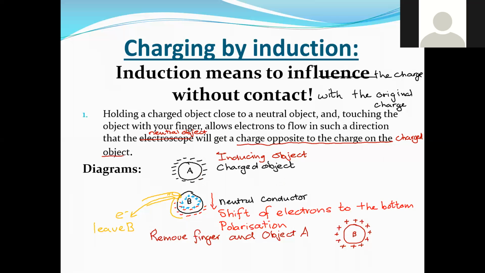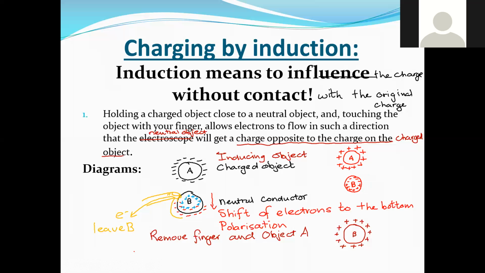If I use a positive object A, and I bring it next to a neutral object, then the electrons will be pulled to the top of the object. So you'll have more electrons at the top and the bottom of B will be polarized positively.